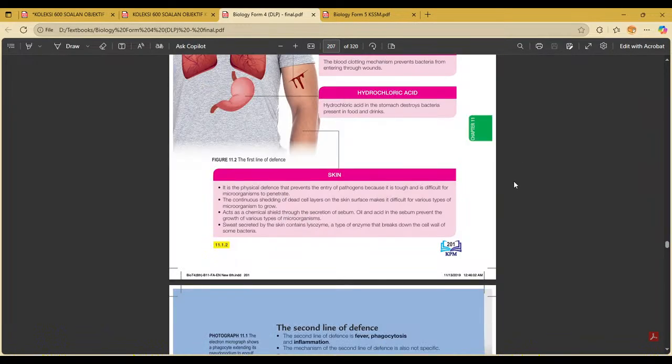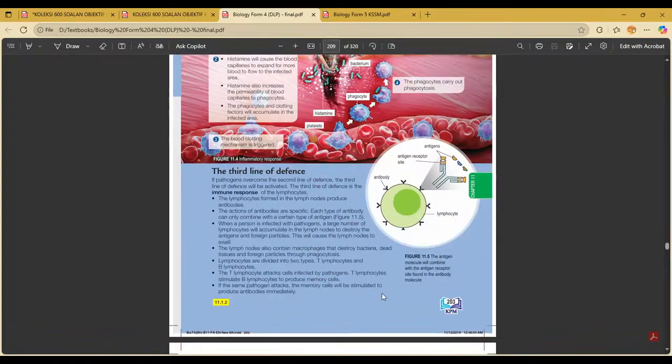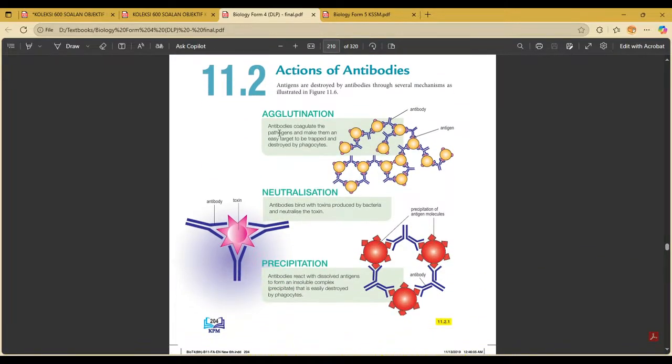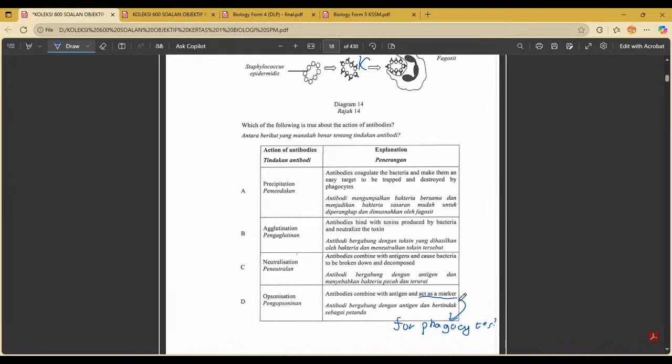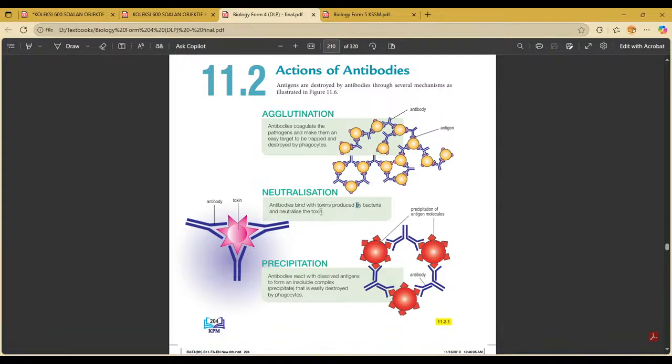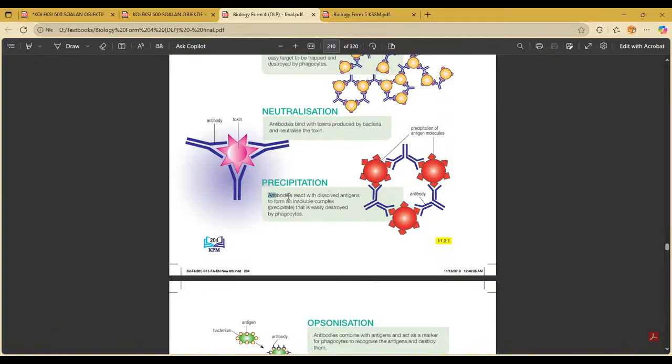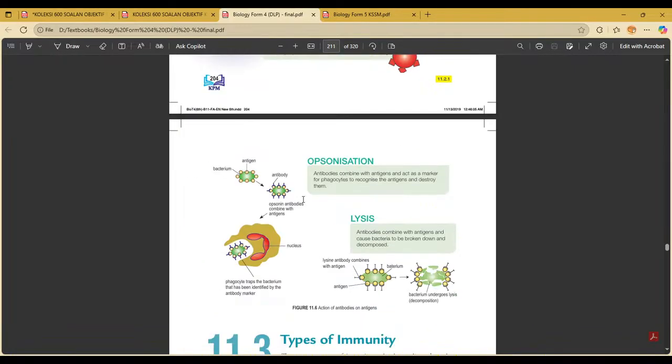Okay, where is it? Okay, here it is. Agglutination, antibodies coagulate the pathogens and make them an easy target. Oh, not opsonization. Neutralization, antibodies bind the toxin produced by bacteria and neutralize the toxin. Precipitation, antibodies react with dissolved antigens to form an insoluble complex that's easily destroyed by phagocytes. It's this, opsonization.